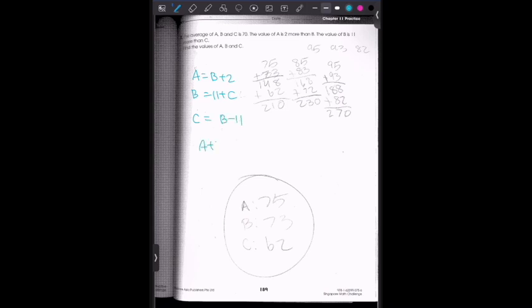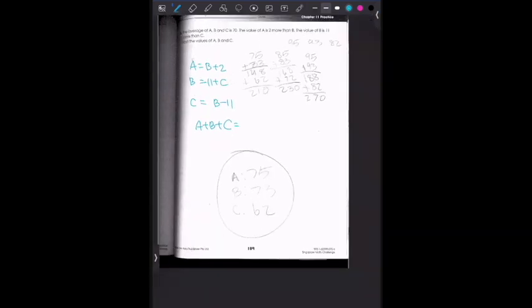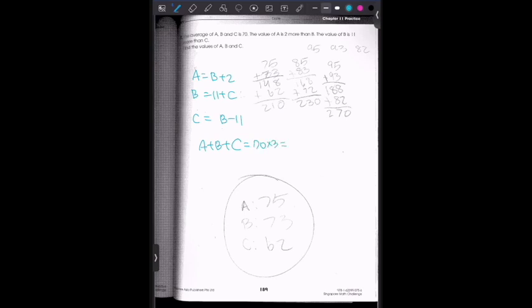And so A plus B plus C, since the average is 70, we know that A plus B plus C is going to be 70 times 3, which is 210.